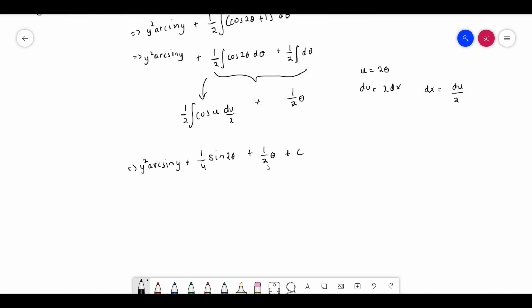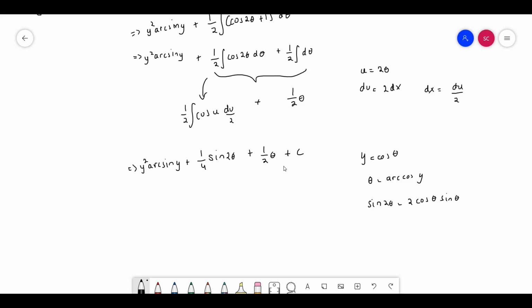If y equals cos theta, then theta is just arc cos of y. As for the sine 2 theta, we use the double angle identity again, where sine 2 theta equals 2 cos theta sine theta, right?